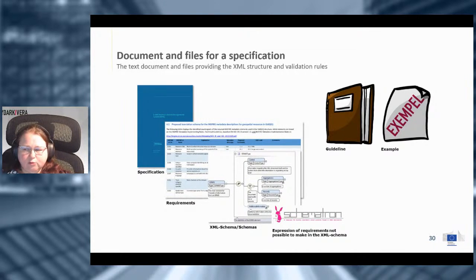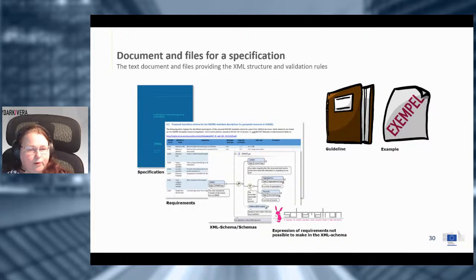But we also know that you need a guideline. You need something showing you what you are supposed to be doing, and where can I read more. If I want to read the whole OAIS reference model, we don't have that in the guideline. We point you to where you can read about the OAIS reference model.